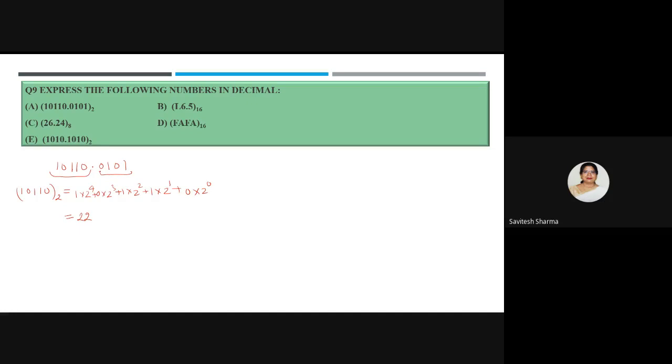And what about 0.10101? It is 0 into 2 to the power minus 1, or you can directly write 0 upon 2, 1 upon 2 to the power 2, plus 0 upon 2 to the power 2, because it is in the minus power, so I can write it like this also.